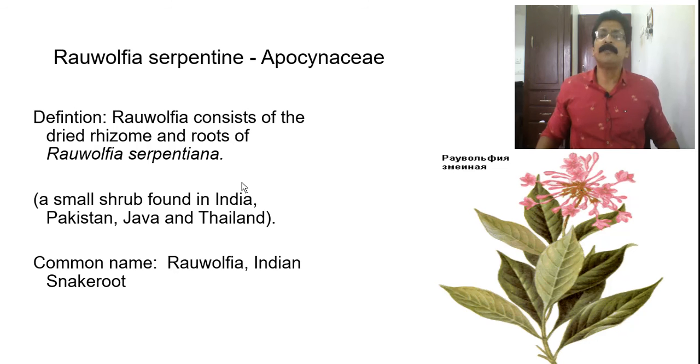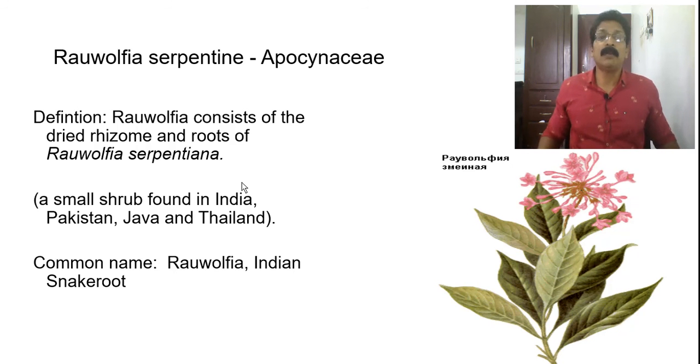The definition: Rauwolfia consists of the dried root and rhizome of Rauwolfia serpentina. Root and rhizomes are used for medicinal purposes. It is a small shrub found in India, Pakistan, Java and Thailand.